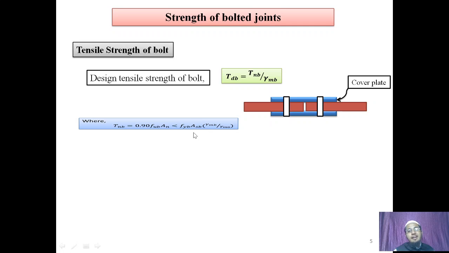Asb is the plain shank portion area, or area of the bolt at the plain shank. Gamma mb is the factor of safety for bolt and gamma m0 is the factor of safety under yielding. Likewise, we can find the tensile strength of bolt to strengthen our bolt against tensile loading.